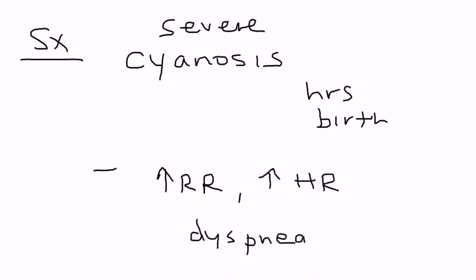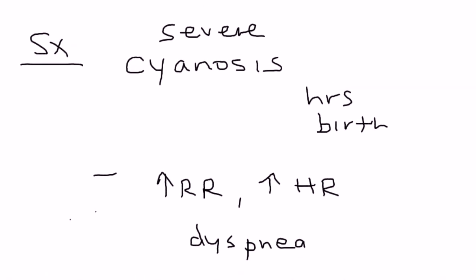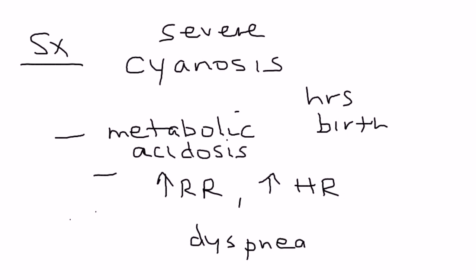And these are not difficult to understand. The baby just isn't getting the oxygen. Another thing that's really important to talk about is that you can also get metabolic acidosis, and this is commonly mentioned in clinical vignettes. The reason is that the lack of oxygen means the tissues are not getting oxygen, so that can lead to this metabolic acidosis.